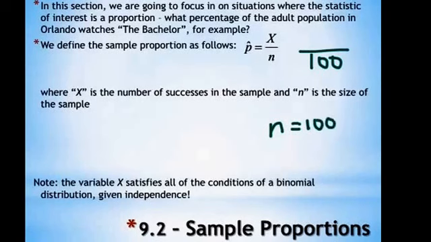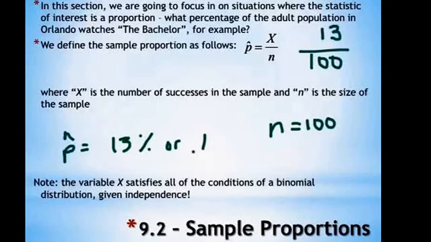And let's say I asked them this question: how many of you watch The Bachelor? And let's say 13 of them say they do. 13 out of 100. So my P hat is going to be equal to 13 out of 100, or 13%, or 0.13. The variable X satisfies all the conditions of a binomial distribution given independence.